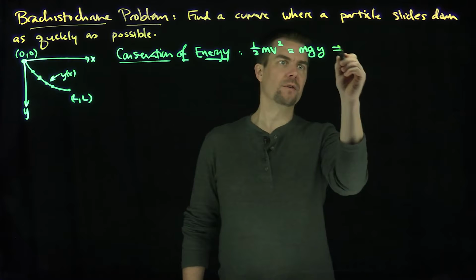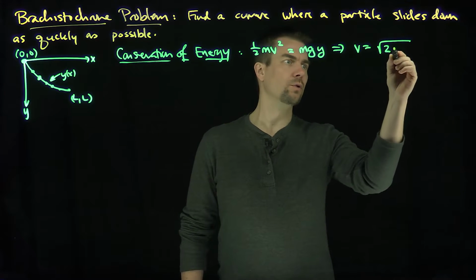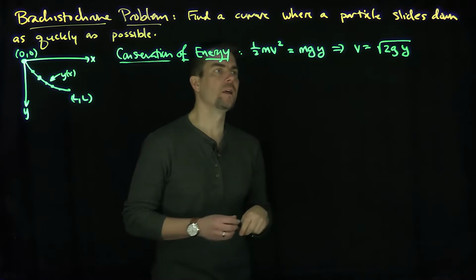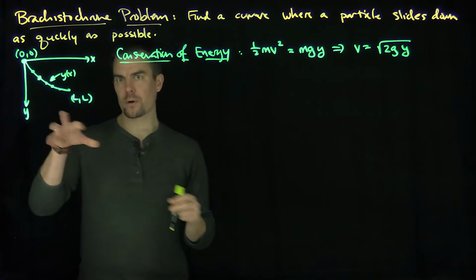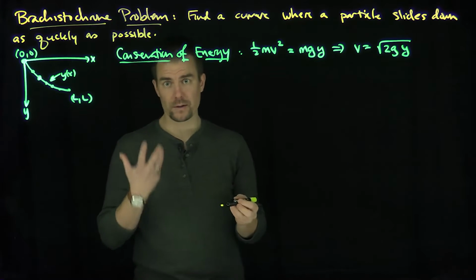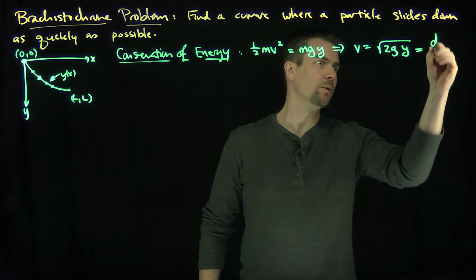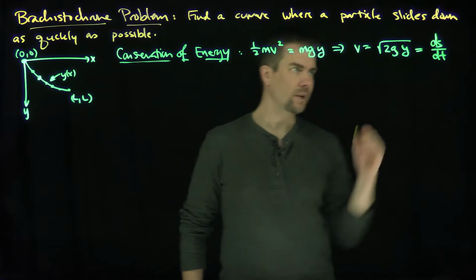Solving this equation for v, we see that v is equal to the square root of 2gy. We also know that on this curve, the velocity is given by ds dt, which is the change in the arc length with respect to time.